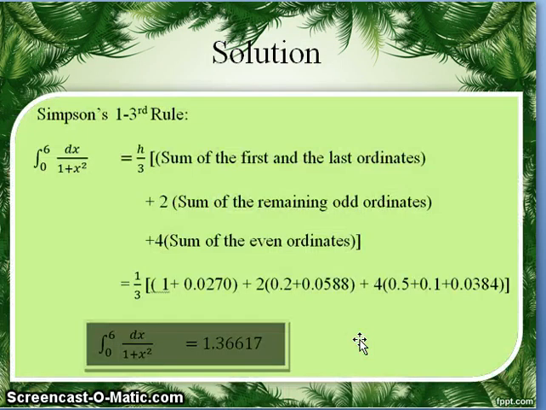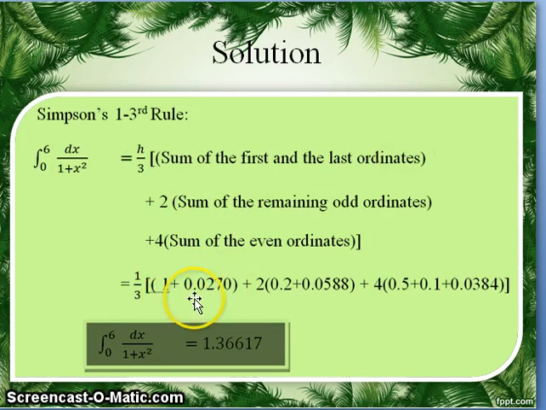Likewise, you can get the trapezoidal rule. After that, when we are going for the Simpson's 1/3 rule, the formula is given by h by 3 into sum of the first and the last ordinates plus 2 into sum of the remaining odd ordinates plus 4 into sum of the even ordinates. Here h value is 1 and you want to substitute the first and the last ordinates from the tabular column.